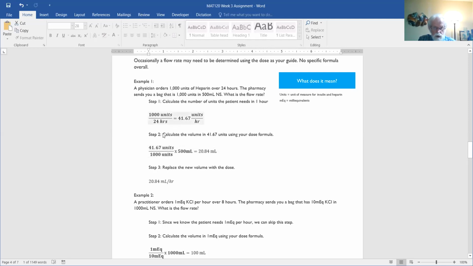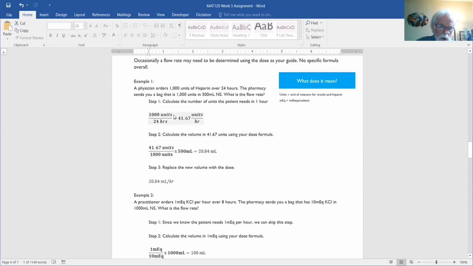We just calculated that. The dose on hand, we're told up here in the problem, is 1,000 units. And the quantity or volume is 500 milliliters. So we have dose prescribed over dose on hand times Q, quantity.